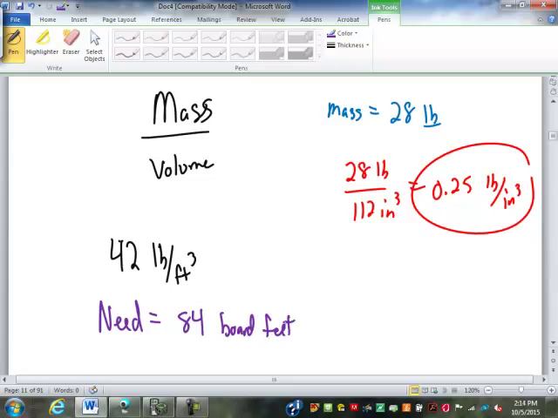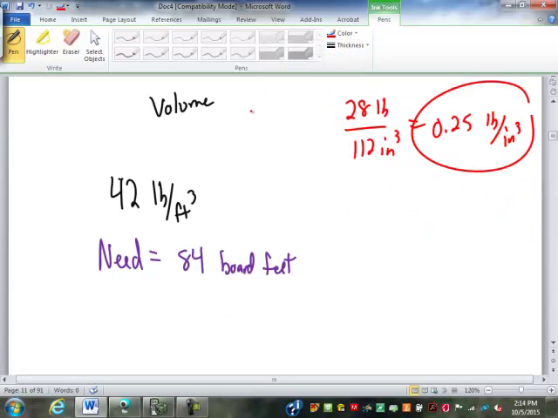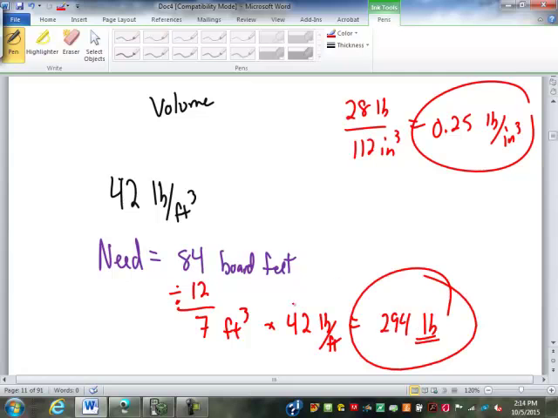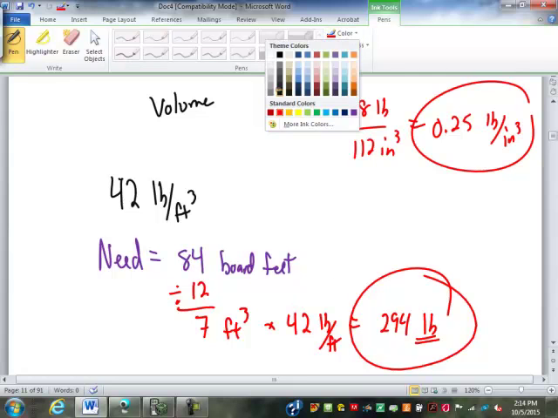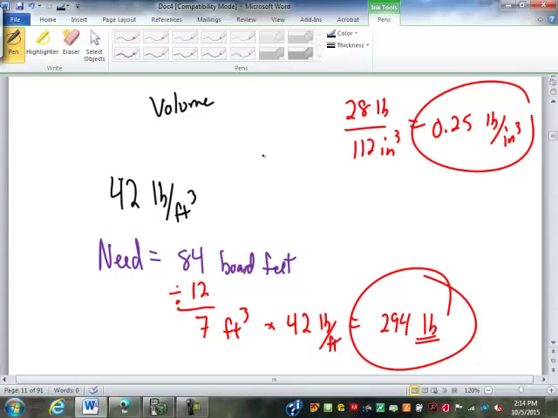The reason I'm using 84 board feet is it takes 12 board feet to create 1 cubic foot. So if I divide by 12, that's 7 cubic feet of wood. Times 42 pounds per cubic foot is going to give you 294 pounds. So if you need 84 board feet, it's about 290 pounds. 84 board feet, though, is quite a bit. And some of that's going to be waste. It's not all going into the objects.